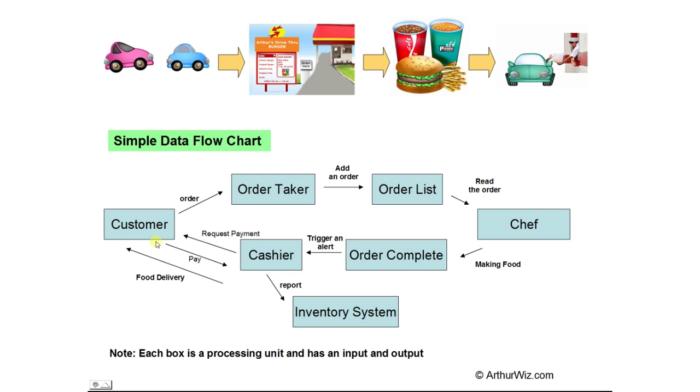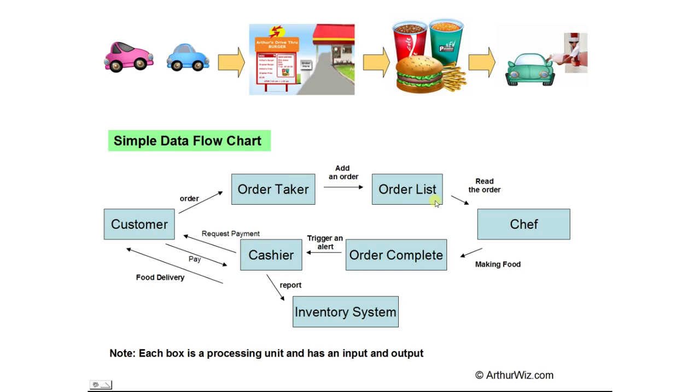So we start with the customer who orders, making an action, and the order taker receives that order data from the customer. And the output of this order taker is an order, a complete order object that is going to be added into the order list.